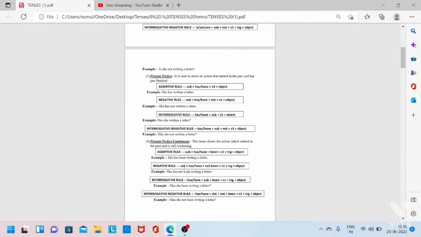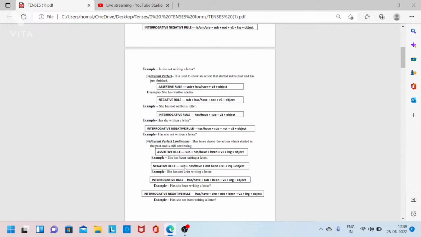For the negative rule, same, subject plus has or have plus not plus v3 formation plus object. So she has not written a letter, okay. Interrogative rule, we have has, have plus subject plus v3 plus object. Has she written a letter?